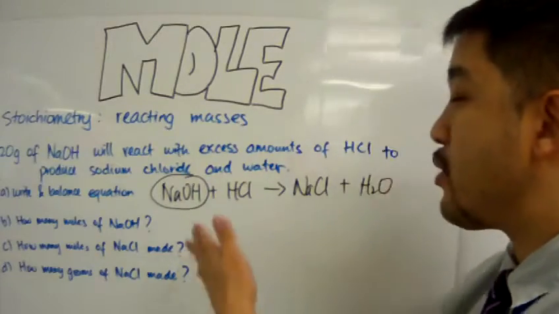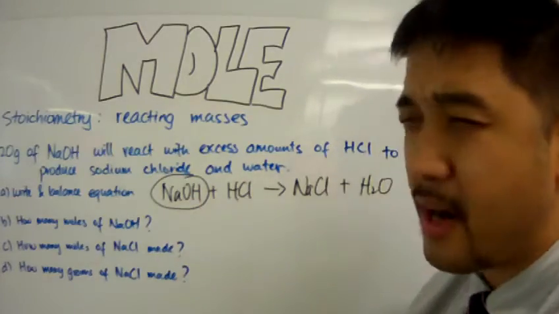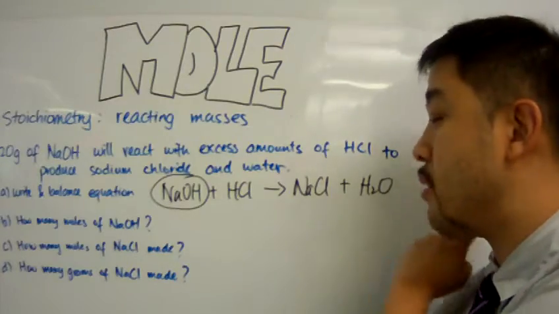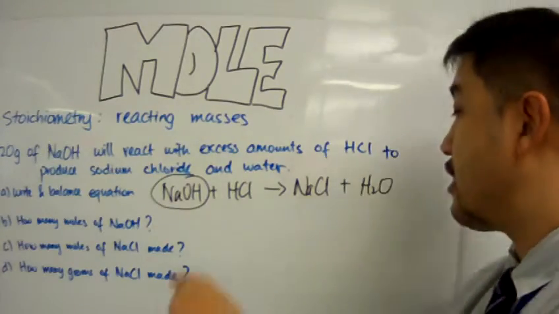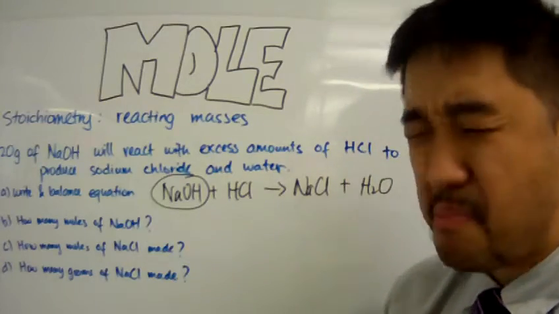Simply put, it says that 1 mole of sodium hydroxide reacts with 1 mole of hydrochloric acid to give 1 mole of sodium chloride and 1 mole of water.